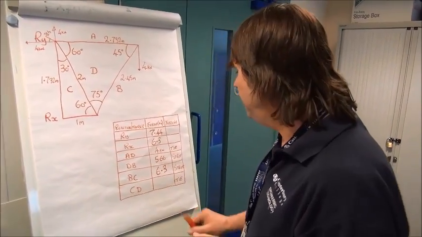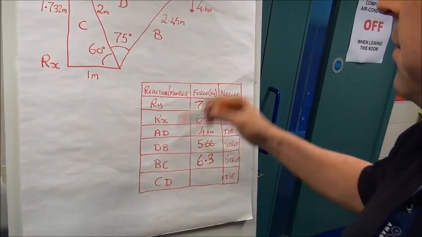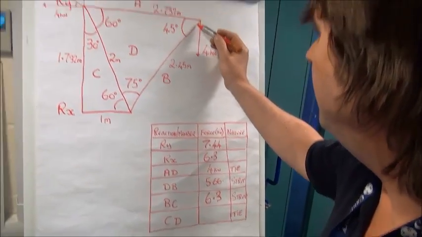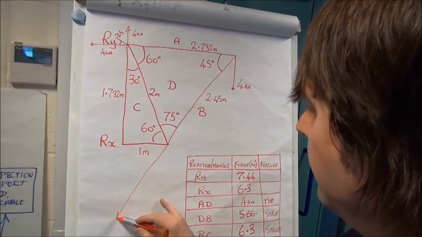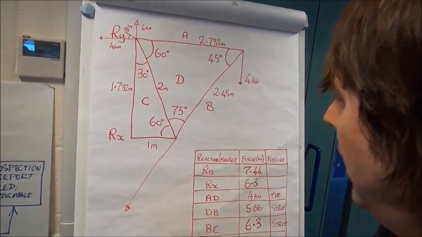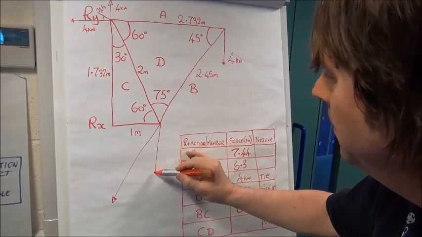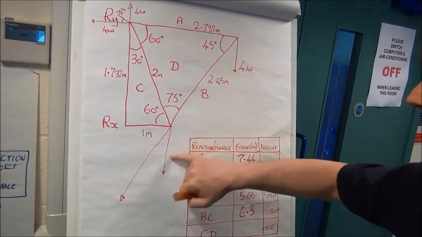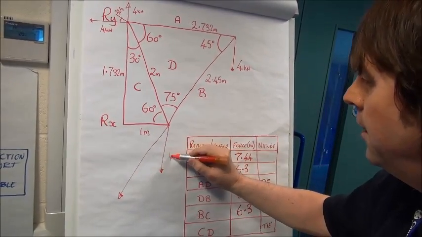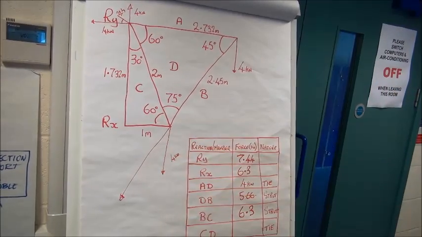Finally, we have probably the most difficult one, which is CD. Now, what happens with CD is we have a force in this member and it acts down this way here. It produces a downward acting vertical component, which you will find if you do your maths exactly the same as you did here, is 4 kilonewtons there, this downward acting vertical component there.